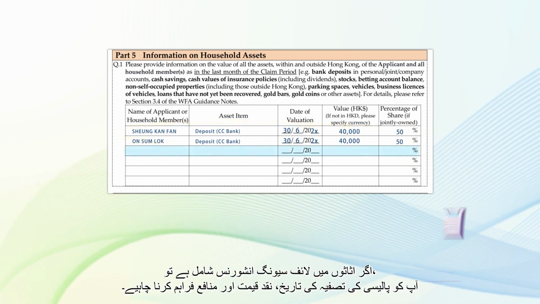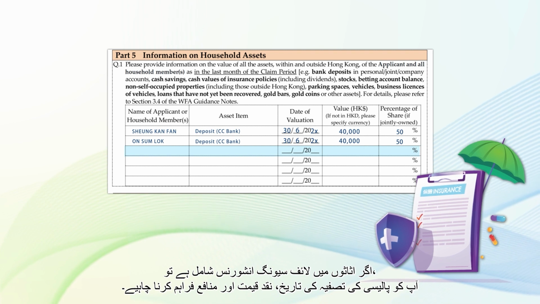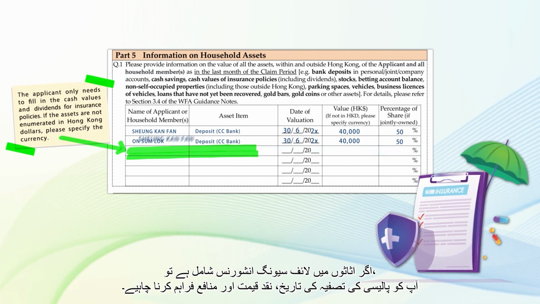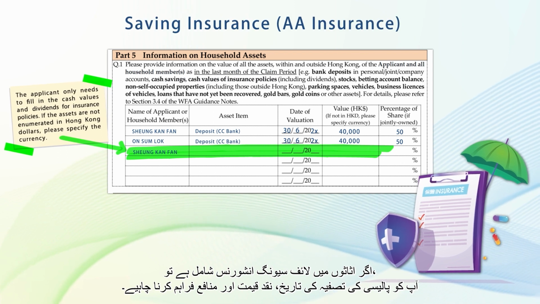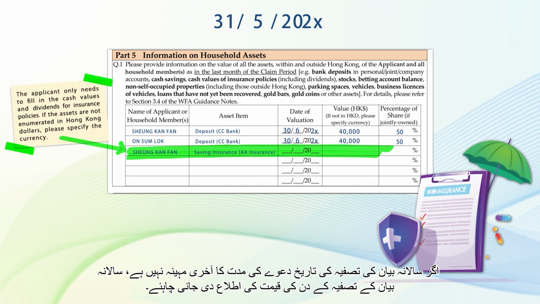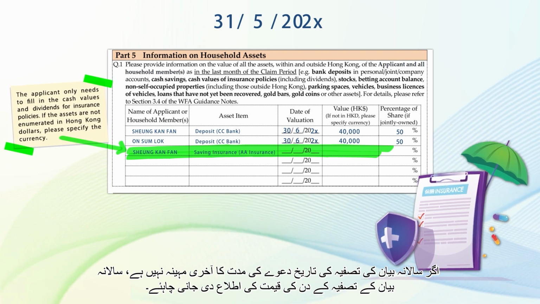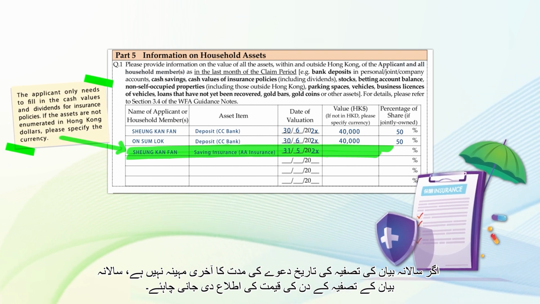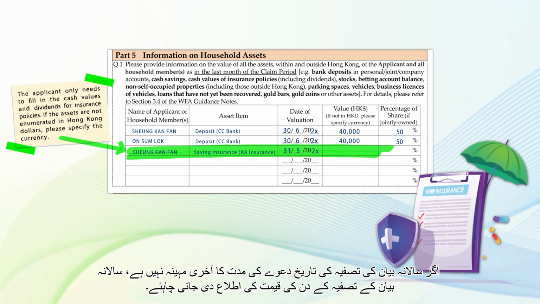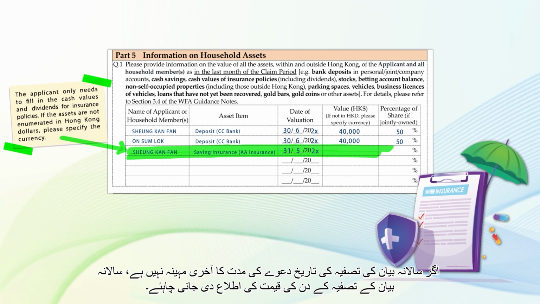If the assets include life savings insurance, you should provide the settlement date, the cash value, and dividends of the policy. If the settlement date of the annual statement is not the last month of the claim period, the value on the settlement day of the annual statement should be reported.